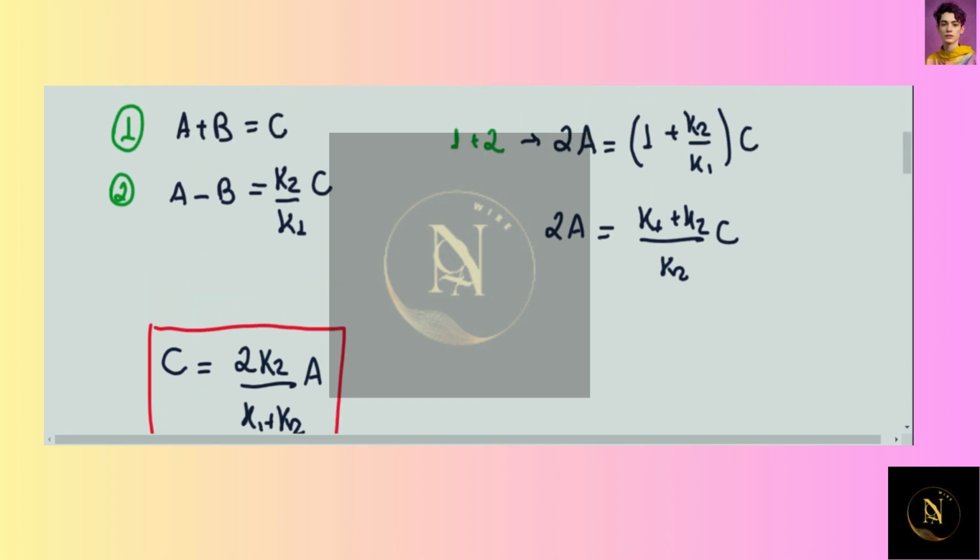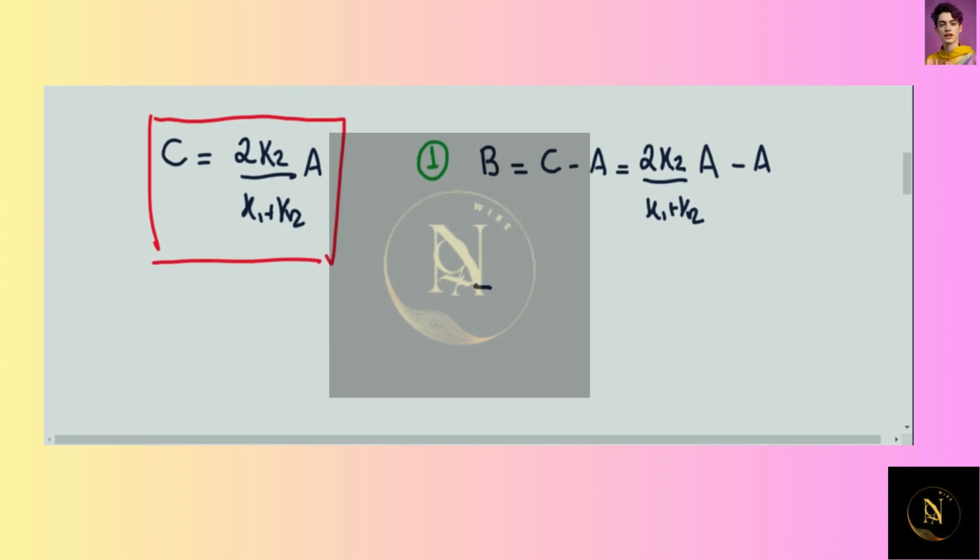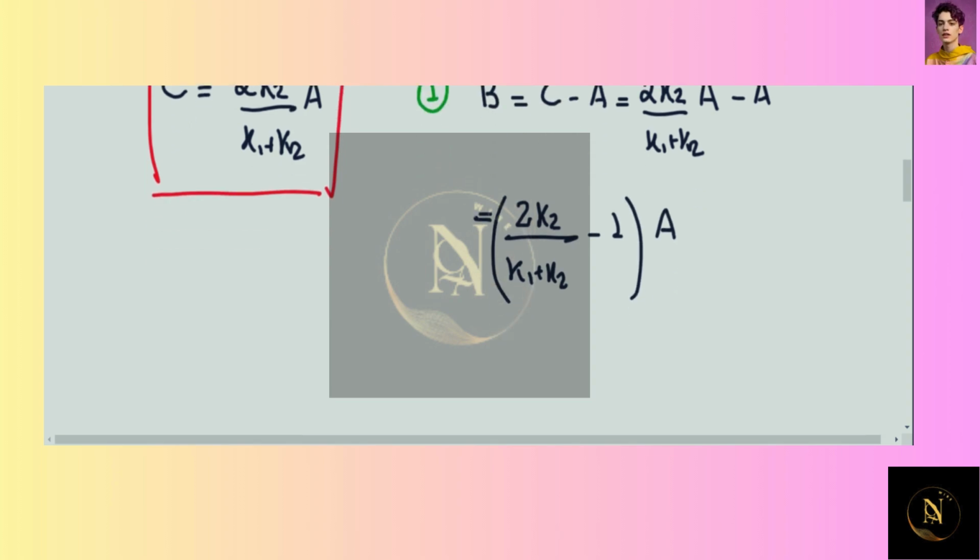Now we can go back to equation 1 and substitute this value of c. So from equation 1, we have that b is equal to c minus a. So this is equal to 2k1 divided by k1 plus k2 times a minus a. So this is 2k1 divided by k1 plus k2 minus 1 times a.